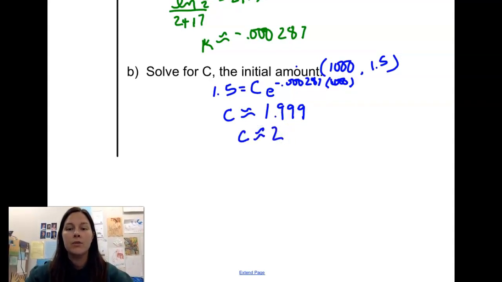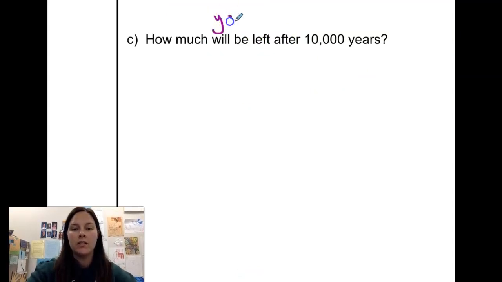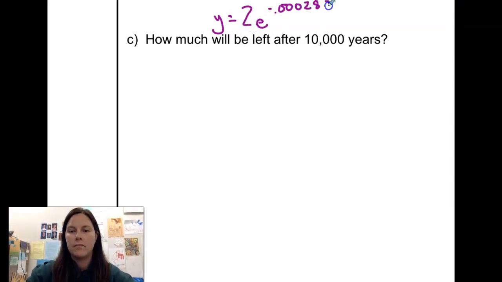All right, now we're going to use our model with our initial value, that constant of proportionality, and we're going to use it to answer a question. I'm going to rewrite that equation here so we can use it. And our question is, how much will be left after 10,000 years?